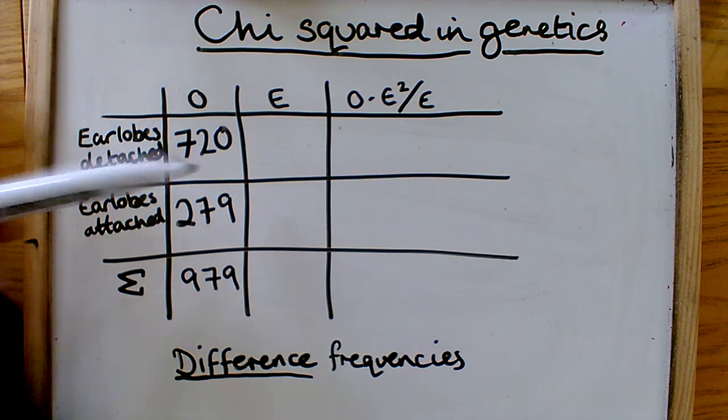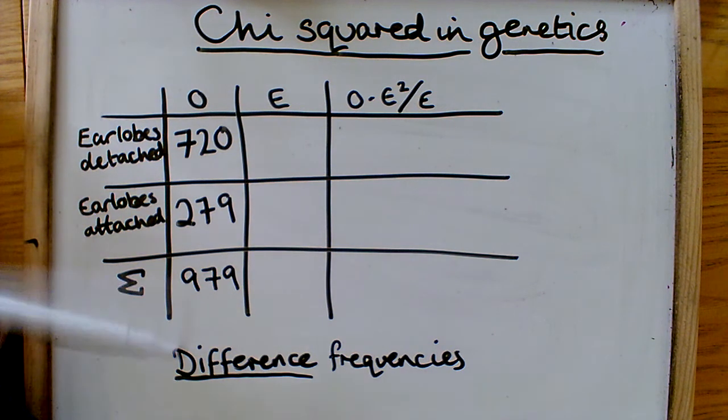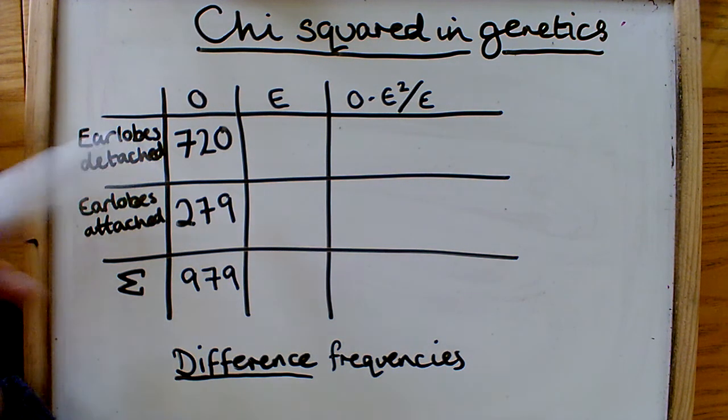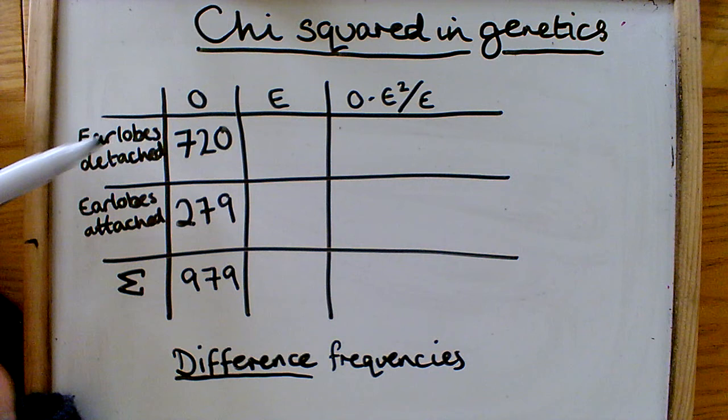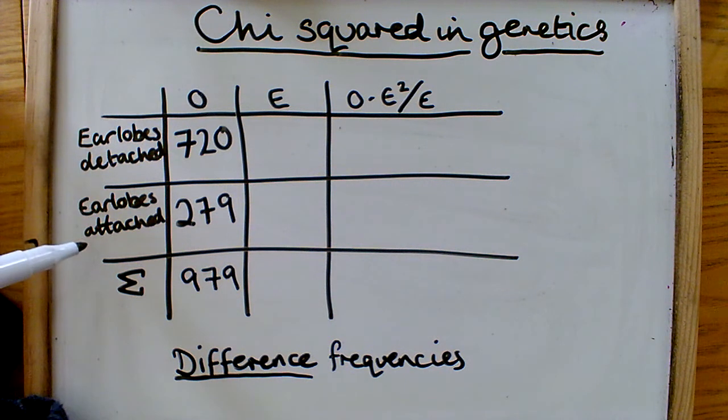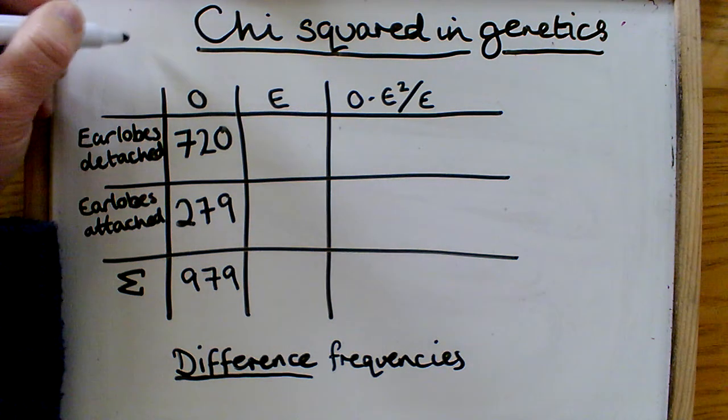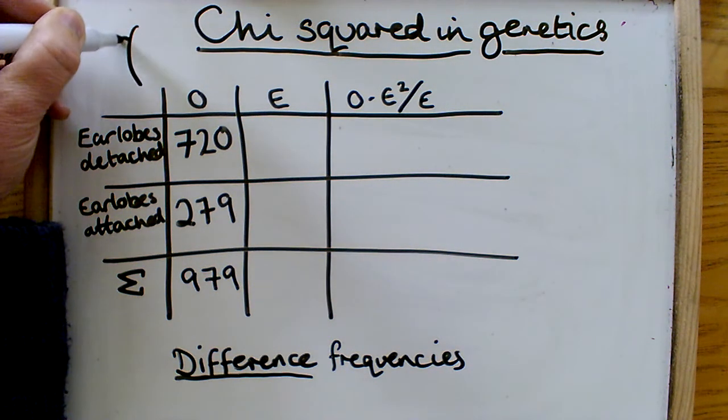So what I've done is I've made some data up of what I would expect to find if we sampled the whole school population, just under 1,000 pupils in all years from 7 to 13, and found out whether their earlobes are detached or attached. Remember, that's where your earlobes meet your head.